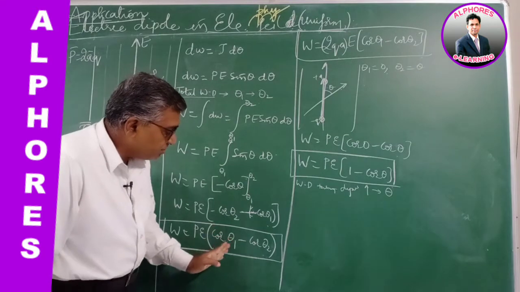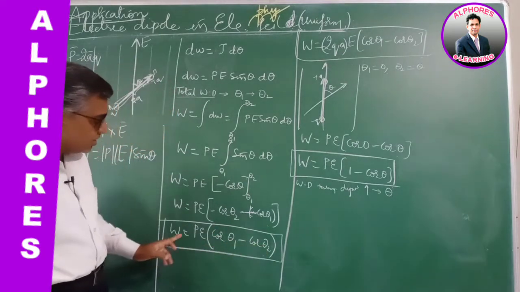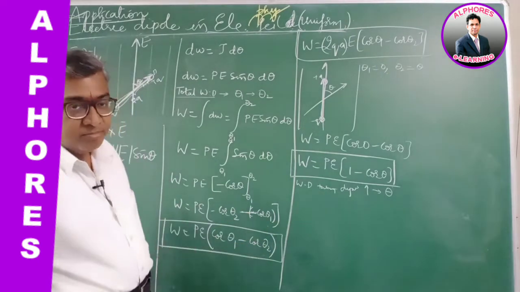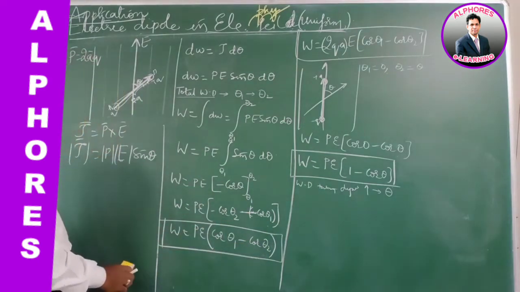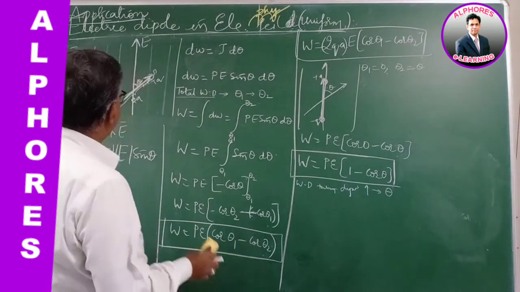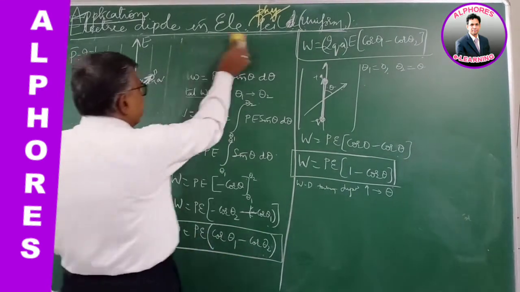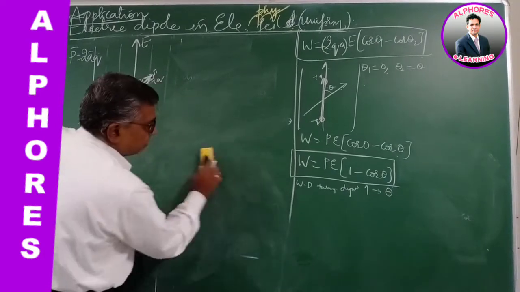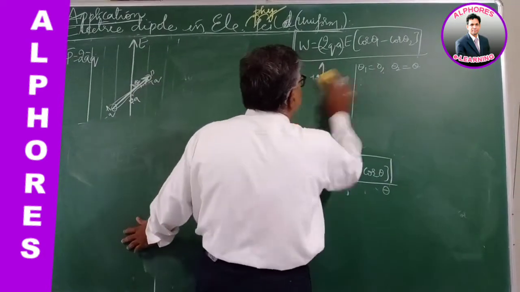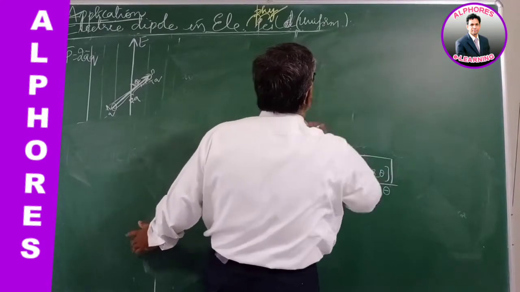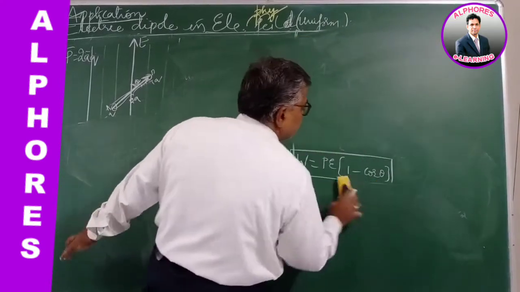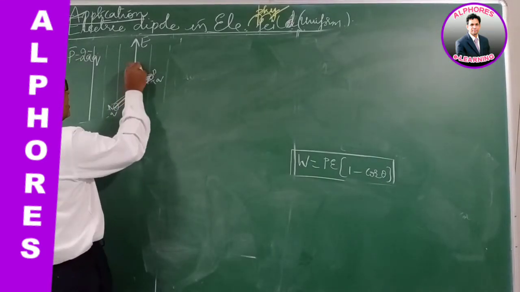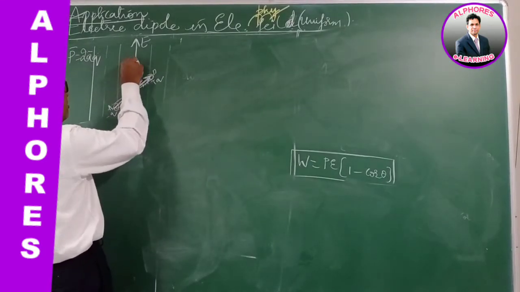If it is from theta 1 to theta 2, then the work done is PE times cos theta 1 minus cos theta 2. Based on this, there was a very beautiful question in a previous entrance examination. He was asking a question like this. A dipole is initially in equilibrium in the direction of the electric field, minus q, plus q.